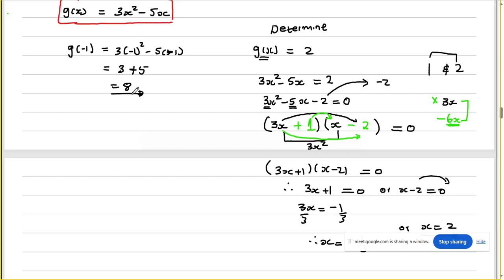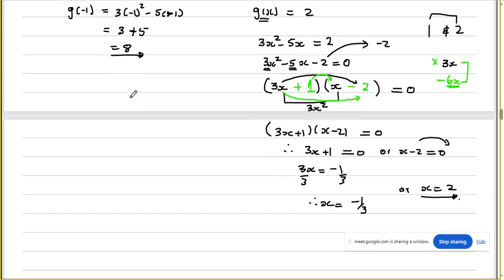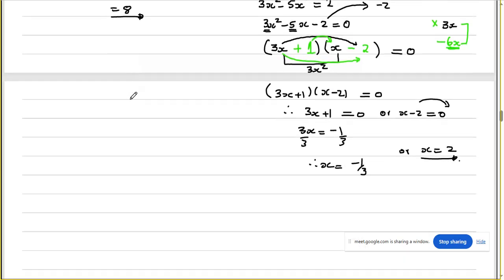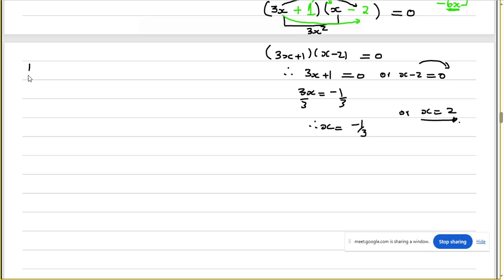So now sometimes they might want you to determine, maybe they'll say g at 3 minus g at minus 2. So when it's like this, remember your g at x was given as 3x squared minus 5x.